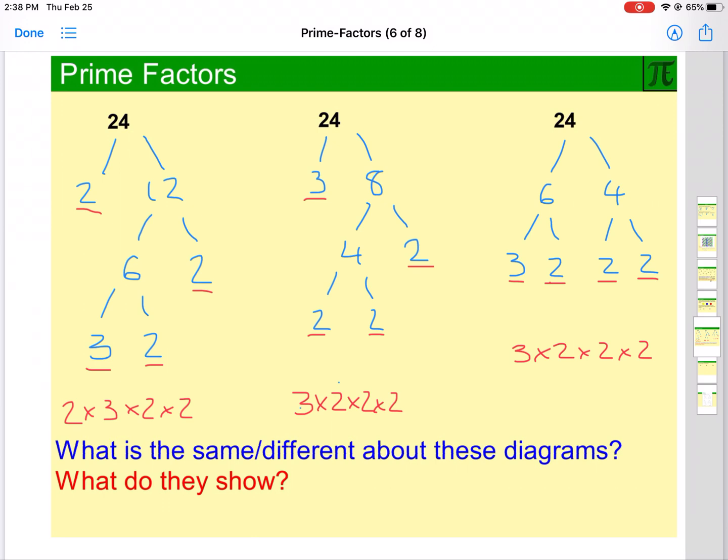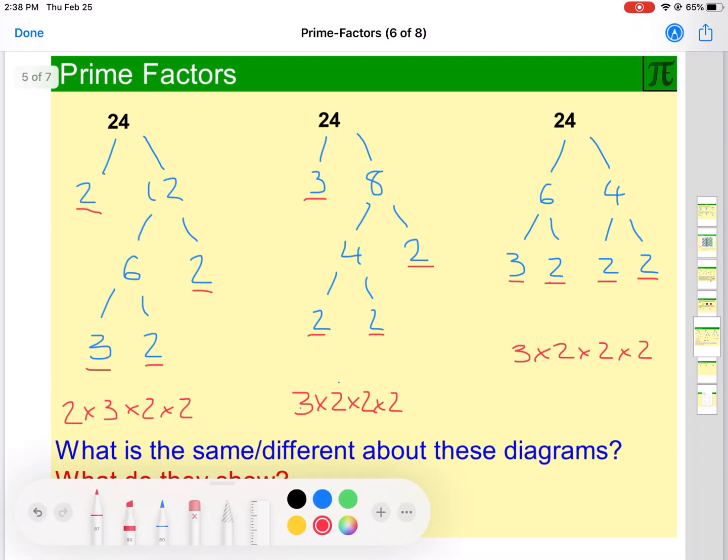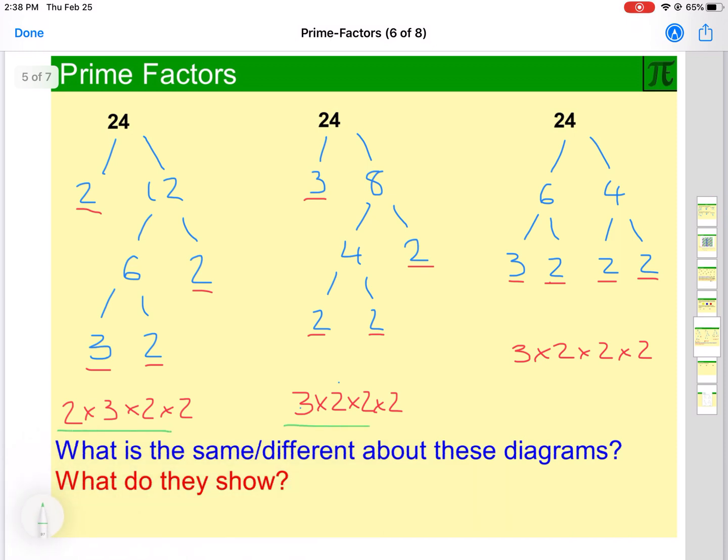So what is the same or different about these diagrams? They all end up with the same two prime factors of 3 and 2, but also they end up with the same multiplications. Multiplying all those factors at the bottom is always going to give me 24.